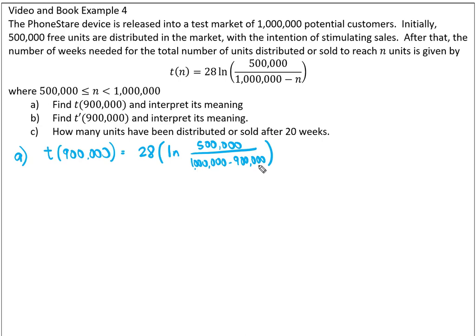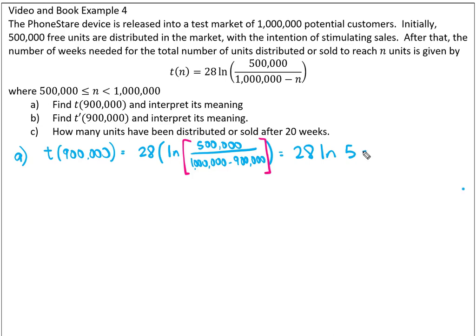So plugging in 900,000 as our variable, you do want to make sure that when you're finding natural log of this, you might want to put parentheses around this whole quotient to make sure the whole thing stays in that natural log. Go ahead and ask your calculator. And if you wanted to reduce this part in pink, you could, and you would get 28 natural log of 5.